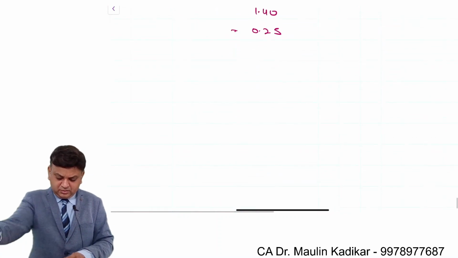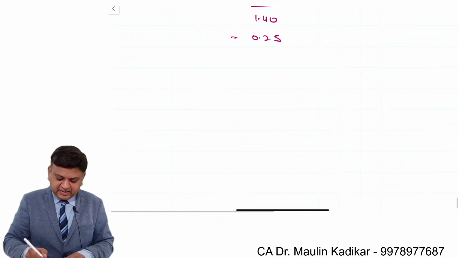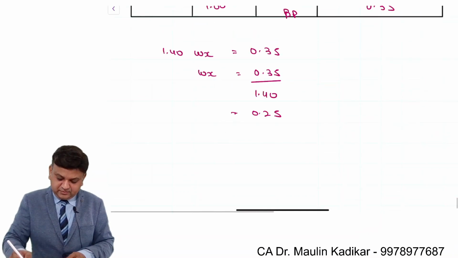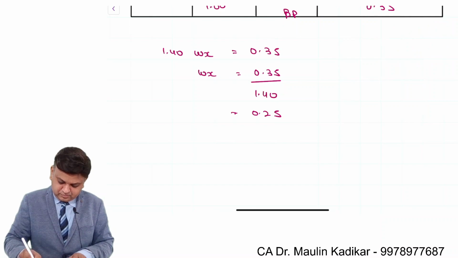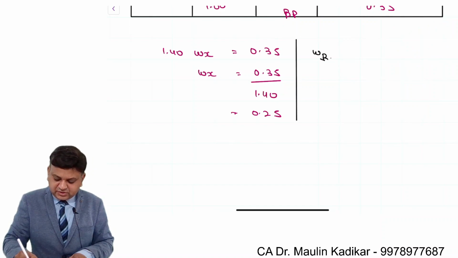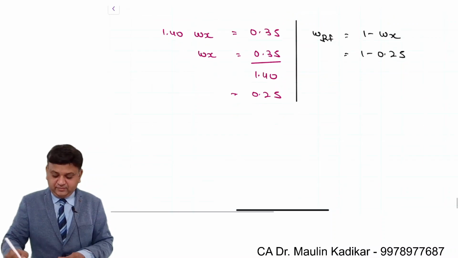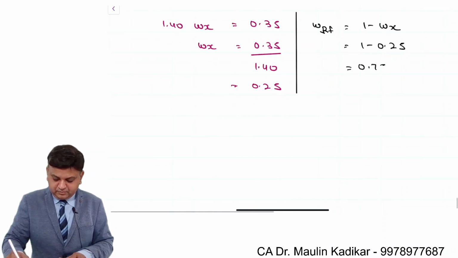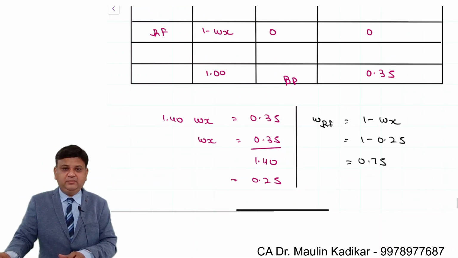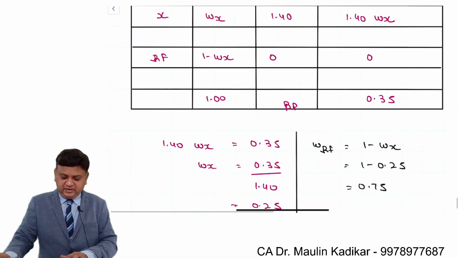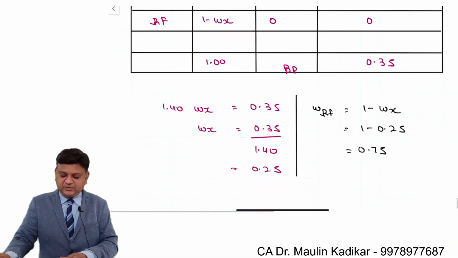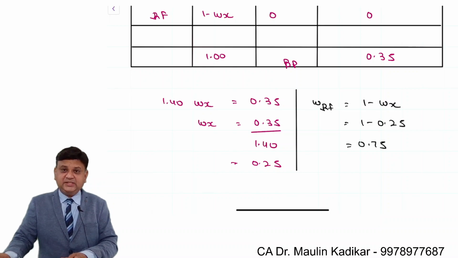Now weight of RF would be found as a balancing figure. Weight of risk-free security is equal to 1 minus weight of X, so 1 minus 0.25, that comes to 0.75. So 75-25 is the proportion in which the investment should be made in X and risk-free security.